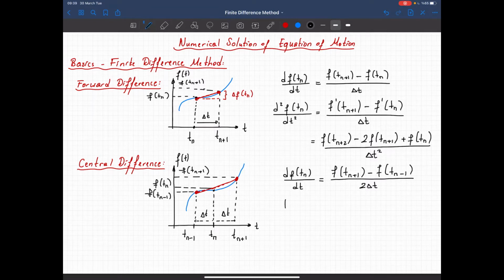In order to evaluate the second derivative, I will use a different approach. Now first I will use the backward difference. So in other words, I'm using these 2 points to evaluate the second derivative. So f prime Tn minus f prime Tn minus 1 divided by delta t. So this is the backward difference.